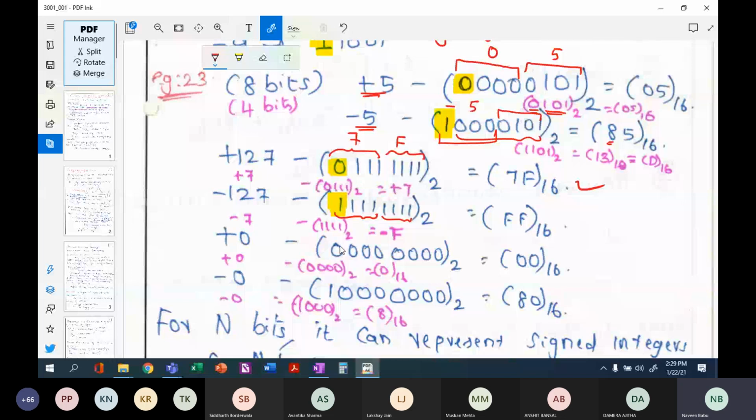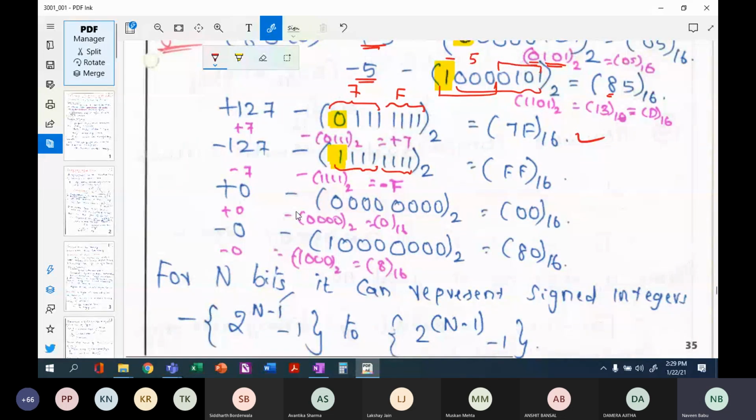If you represent it this way, there is a problem. What is that particular problem? In signed magnitude representation, you can have plus 0 and minus 0 also, right? If you have plus 0, then this bit is going to be 0. If it is minus 0, this sign bit is going to be 1.